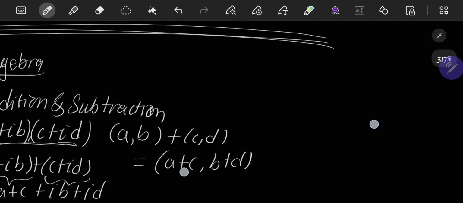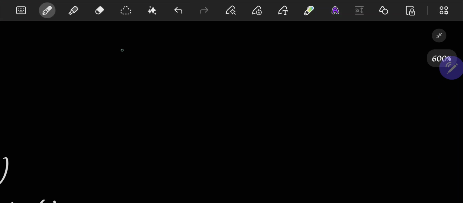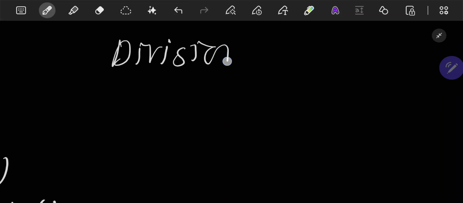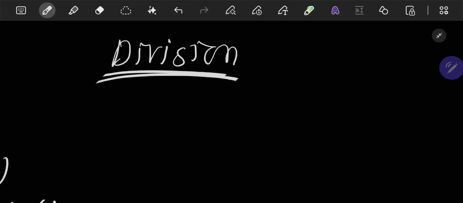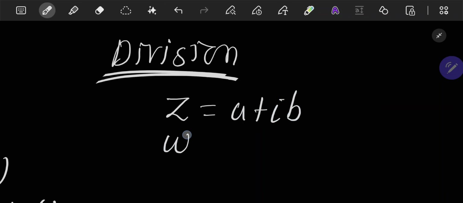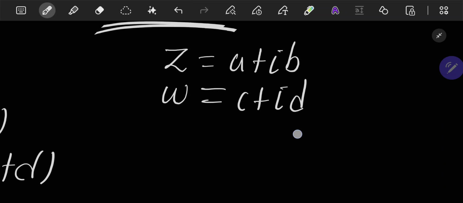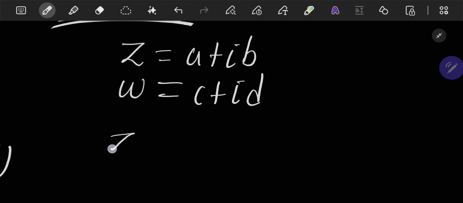Now, moving forward, I'd like to introduce division. So if we have, let's say, two complex numbers, z, let's say a plus ib, and w equals c plus id, and we want to find z over w, provided that this is not equal to 0.